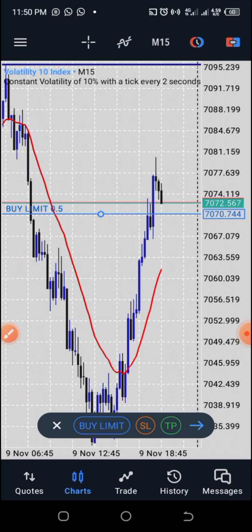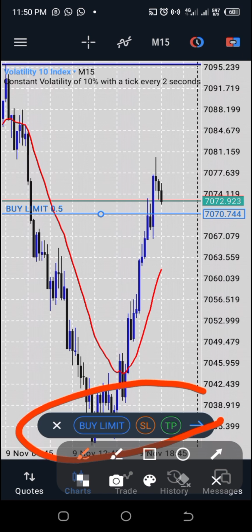Then the stop loss will be below this entry. So if you can see MT5 on deriv, it was designed in a way that you can use these lines, right, this box to place your entry, your stop loss, and take profit. SL means stop loss, TP means take profit.